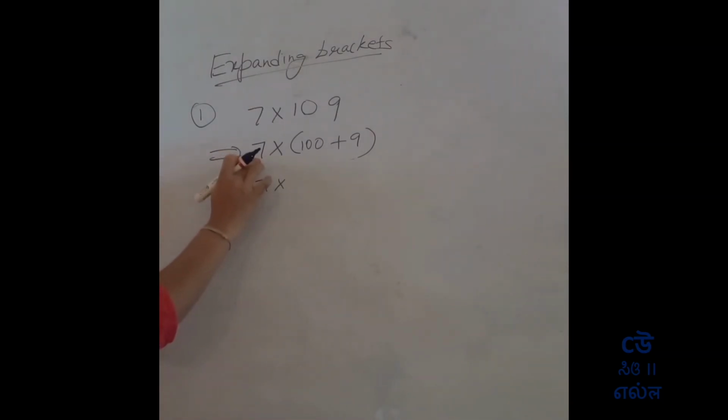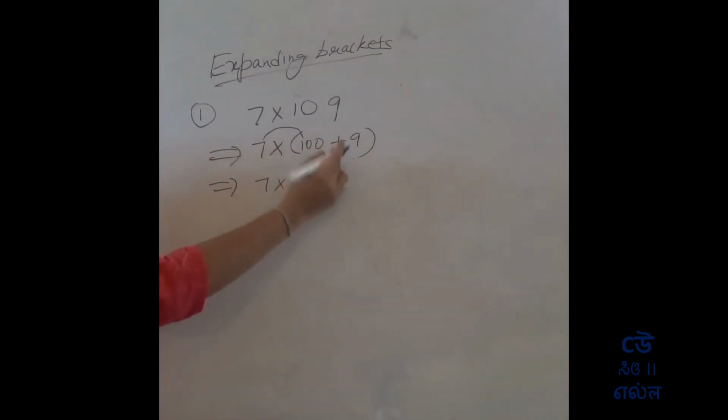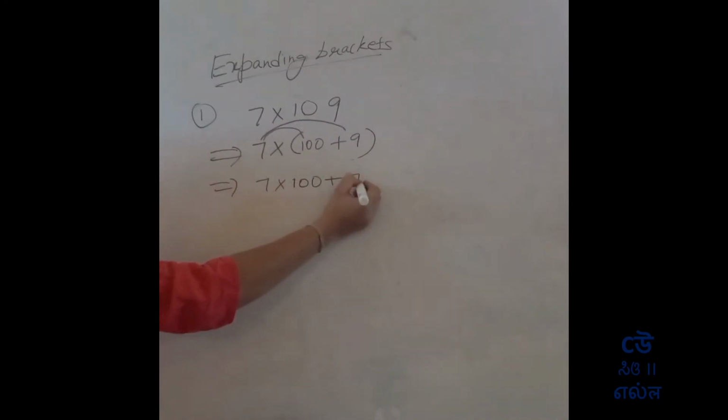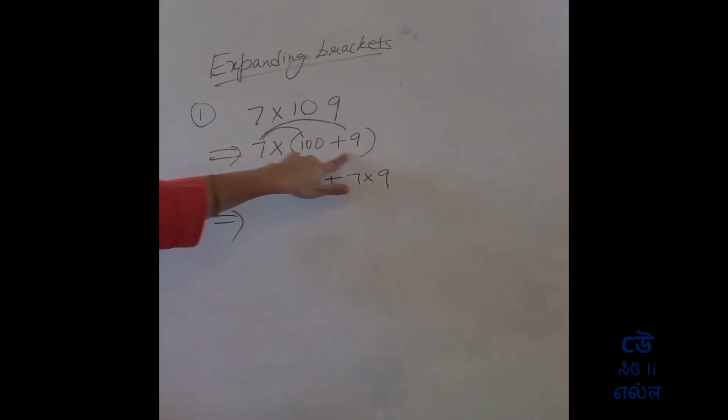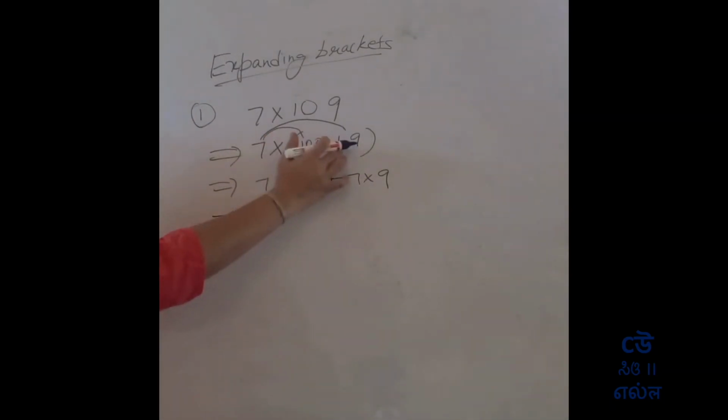We have to multiply 7 into 100. So 7 into 100, then what sign is there? Plus. Next, again 7 into 9 we have to multiply. Understood, children? First, whichever number is in the bracket, first multiply with that number, then take the sign between and multiply the other number. So 7 into 100 plus 7 into 9.